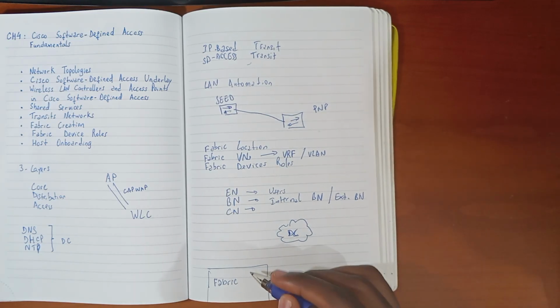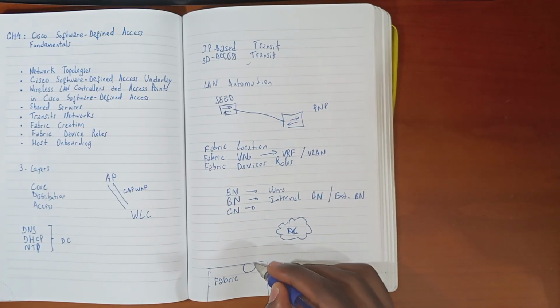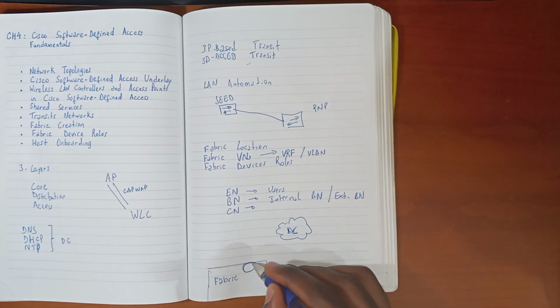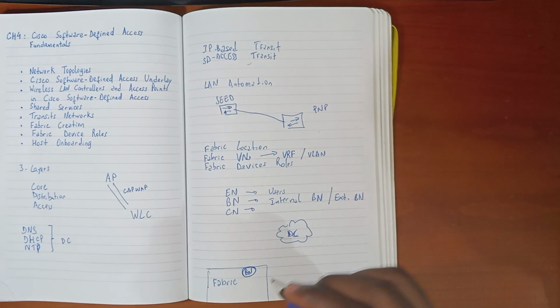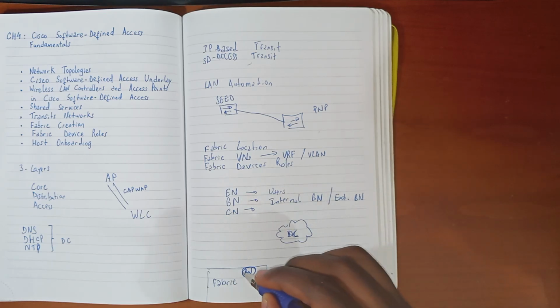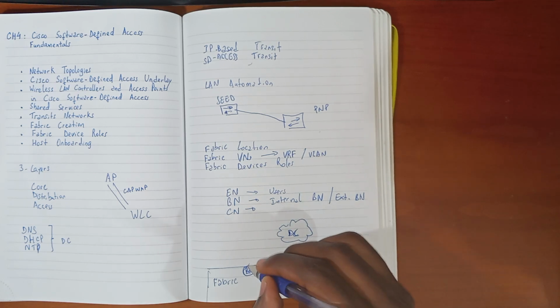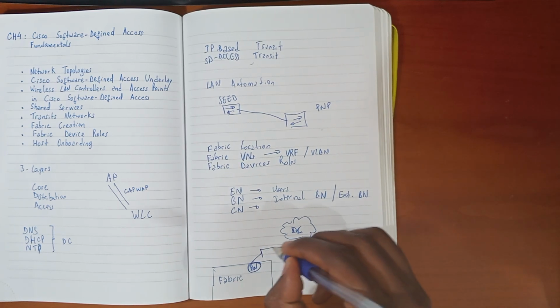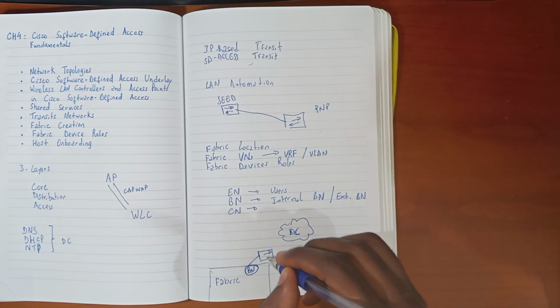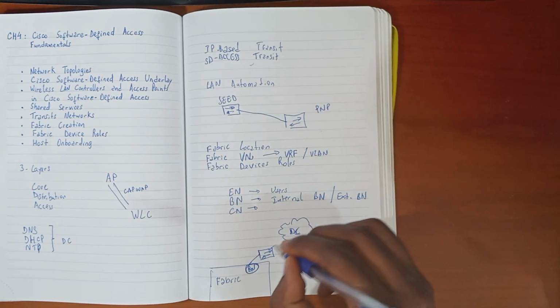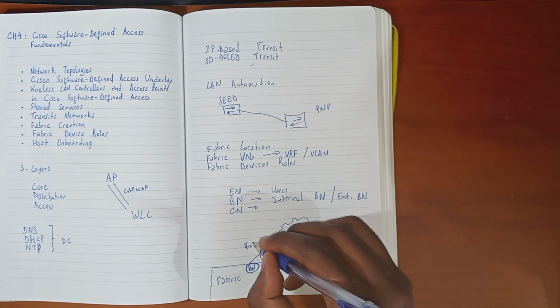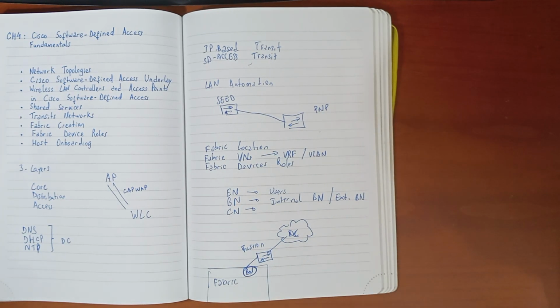Here we have our border node. The communication with the other network can be done directly from the border node to the external network, or we can use an intermediary device like a fusion router to allow this communication.